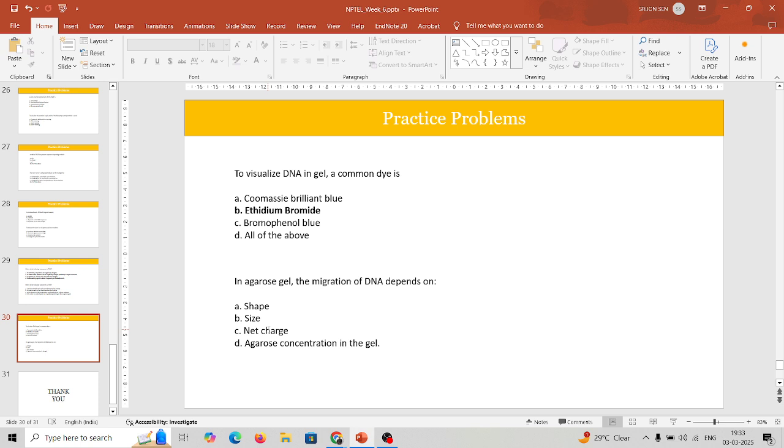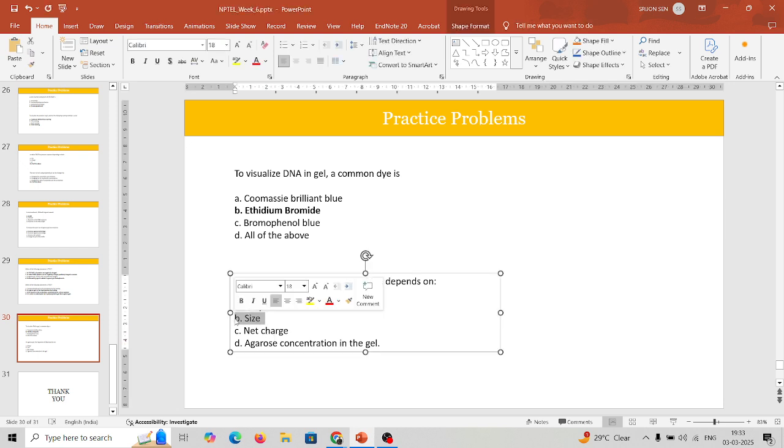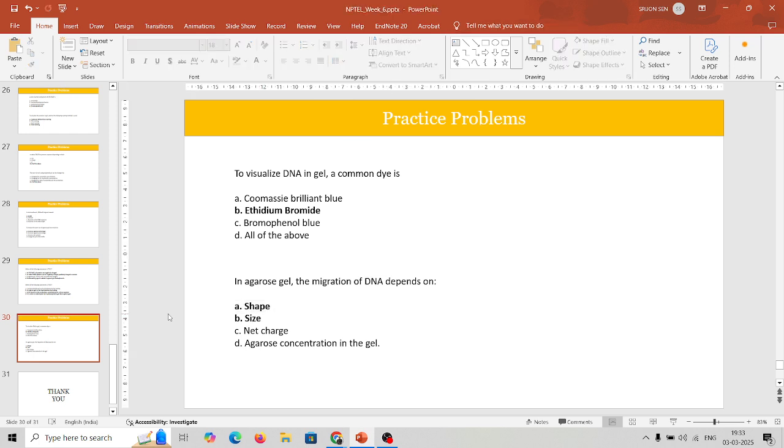And the last question, in agarose gel, the migration of DNA depends on shape, size, net charge, agarose concentration in the gel. Size, that is correct, but shape also matters. Why? Because of what happens in the case of a plasmid. A plasmid is a supercoiled DNA.